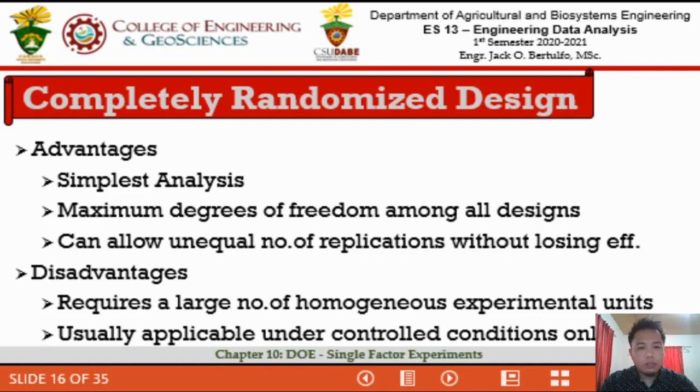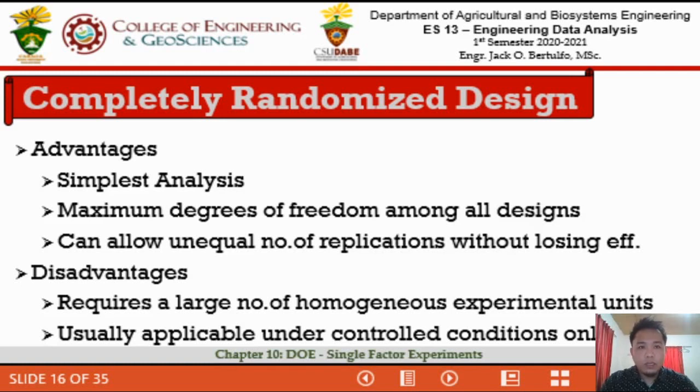What is emphasized here, that it can allow an unequal number of replication without losing efficiency, is that when you're doing an experiment, class, there are some cases where there are missing data. Let's say for the experimental units earlier, there are 1, 2, 3, 4, 5, there are 6 experimental units.